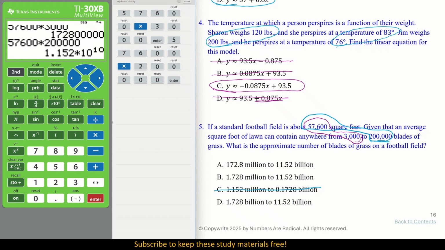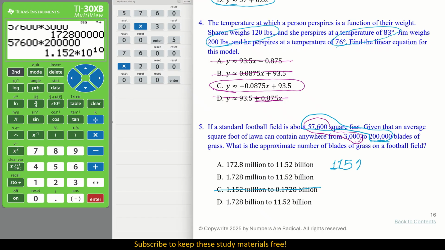If you're not comfortable with this, let me show you what it would be. 1, 5, 2. And then they're saying, if I had my decimal here, I'd need 10 places. Oh, and earlier I said 9 zeros. No, it's not 9 zeros. It would be enough zeros to create 9 spaces. So 1, 2, 3, 4, 5, 6, 7, 8, 9. But I put it after, so that would be 10.